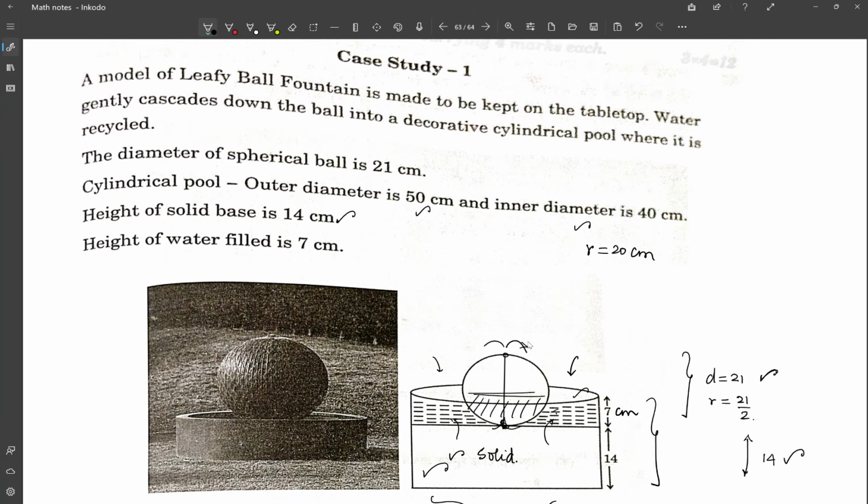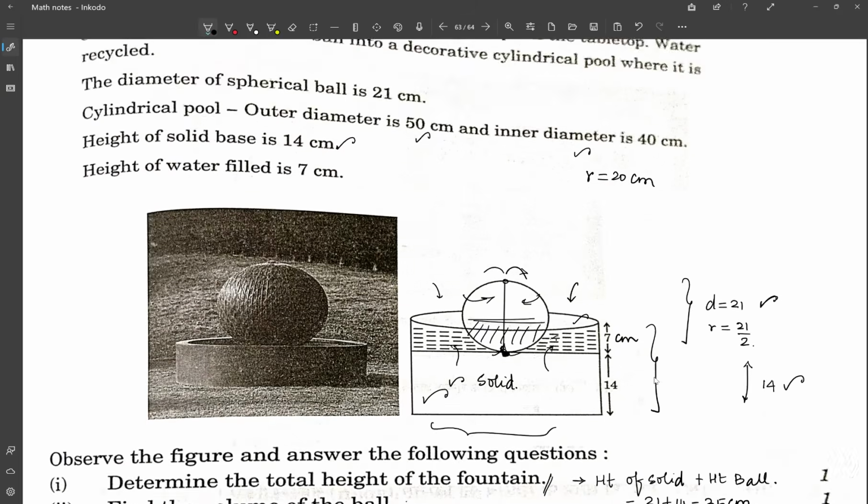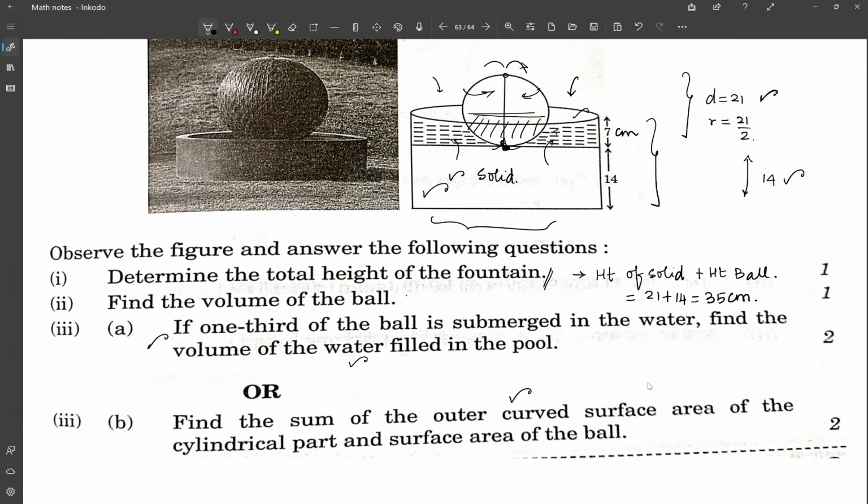Whatever area is accessible would be the outer CSA of the sphere. We are not going to minus anything because it is going to touch the solid at just exactly one point, and all of the remaining area would be accessible, which means there is no surface area on the sphere that is going to get cut.